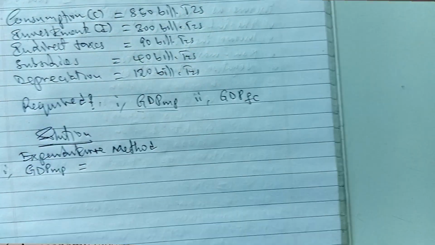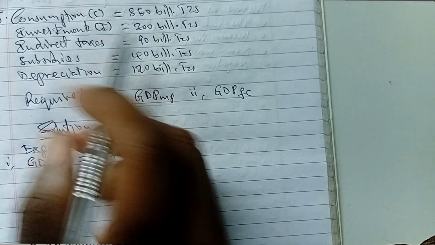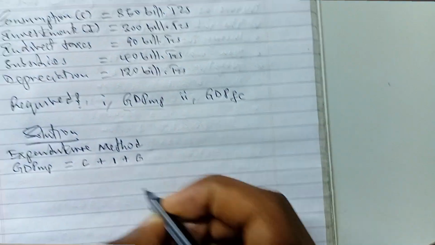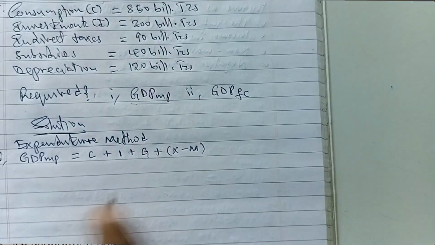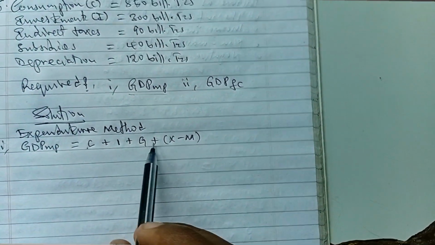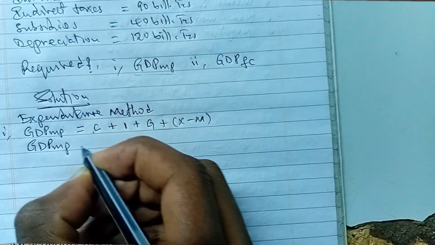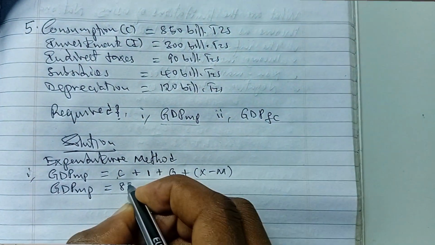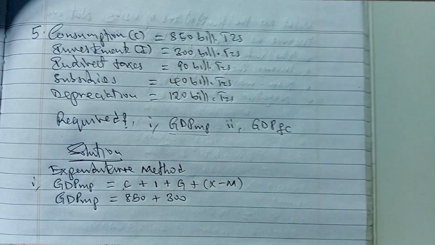The formula is consumption plus investment plus government spending plus net exports. But in our question, we are given only 2 items, so the others will stand as 0. So gross domestic product at market price equals consumption, which is given as 850 billion, plus investment, which is 300.